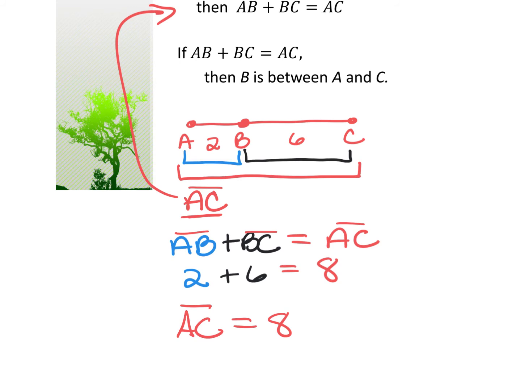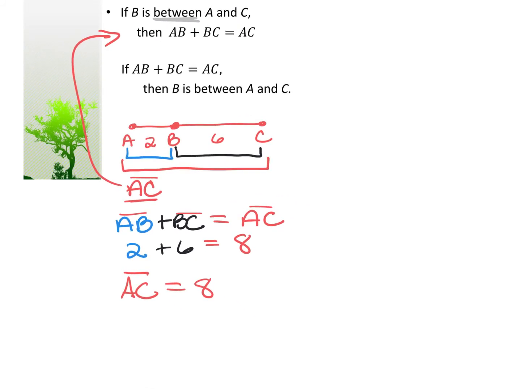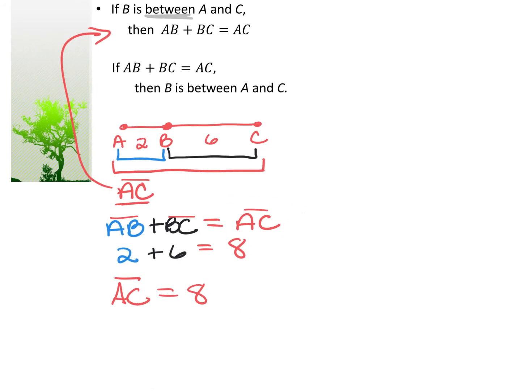Now, they may also ask you to work backwards. So let me draw another segment here. And again, I'll call it A. Let me put B in the middle. So B, and then C. And let's say I told you that the length of AB is 1. And I'm going to give you the total length.